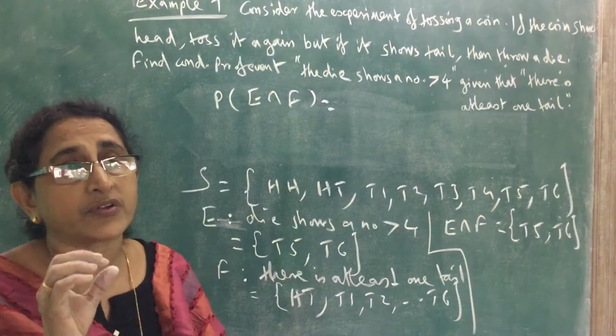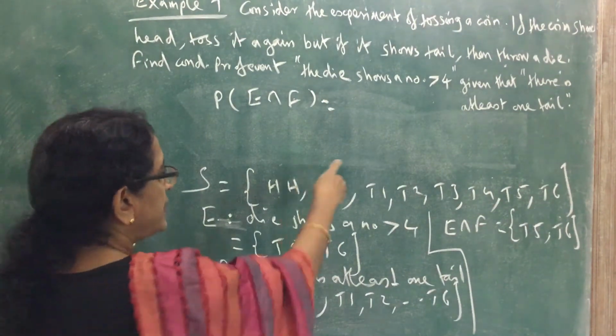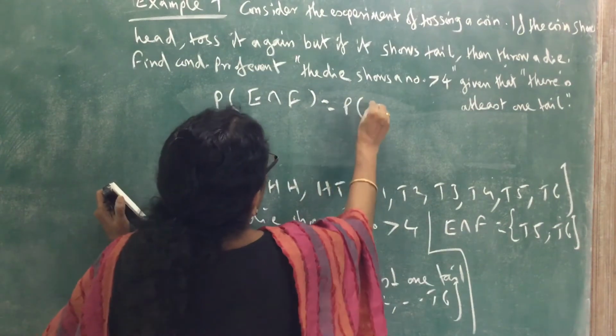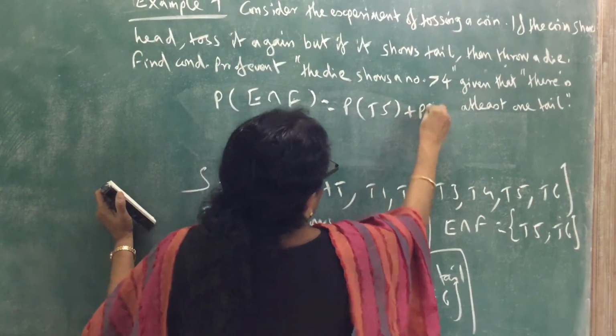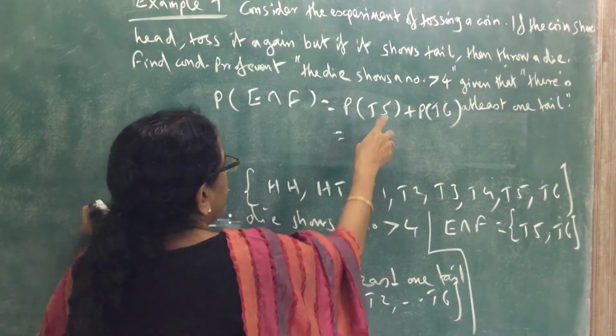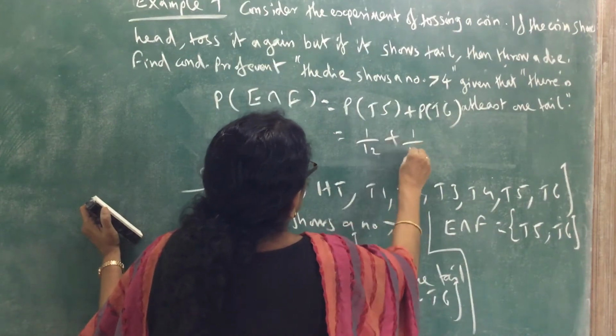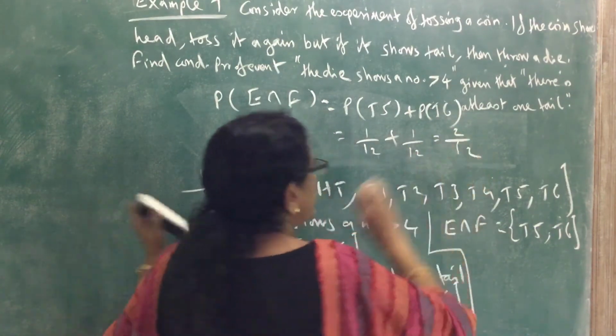Find the probability of each elementary event, then add them all. So probability of T5, 1 by 2 into 1 by 6, 1 by 12, plus 1 by 2 into 1 by 6, 1 by 12. That is 2 by 12. Now you have to simplify.